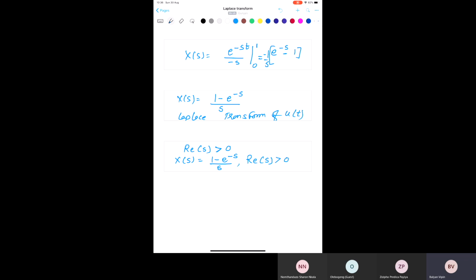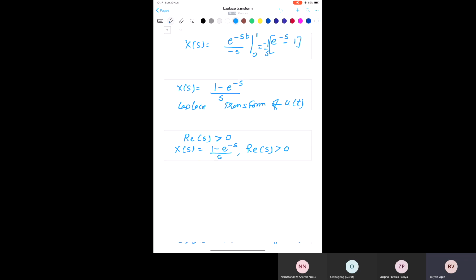So that means this function X of s in the S domain will exist for real of s, meaning the real part of it. I will show you when there will be an imaginary part of it. What do you mean by real and imaginary? I can tell you in brief.